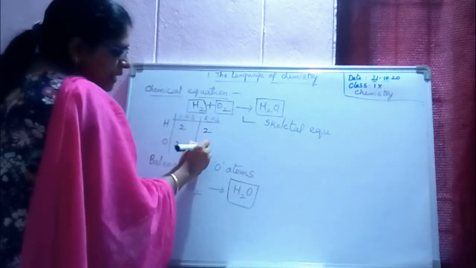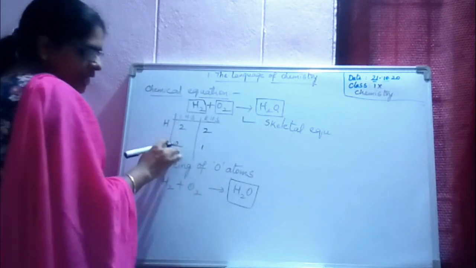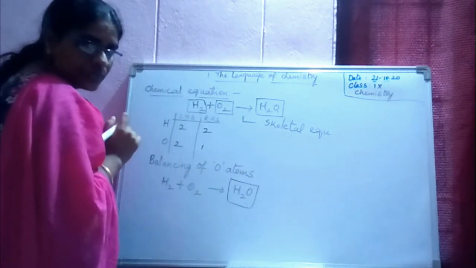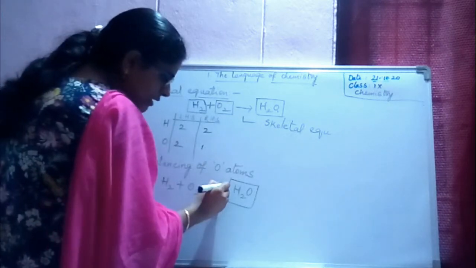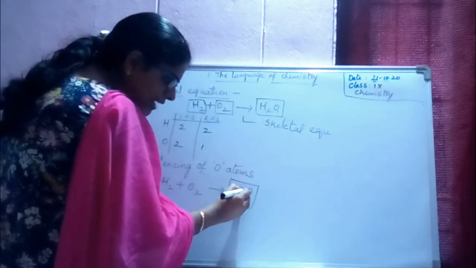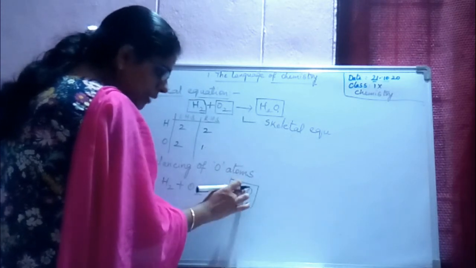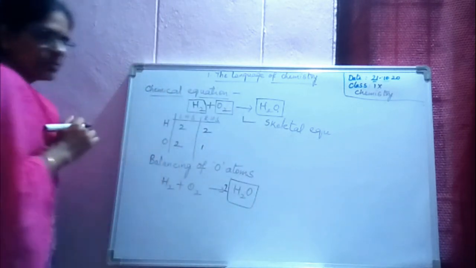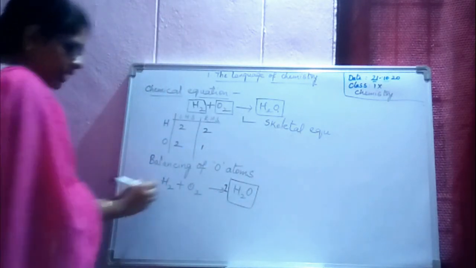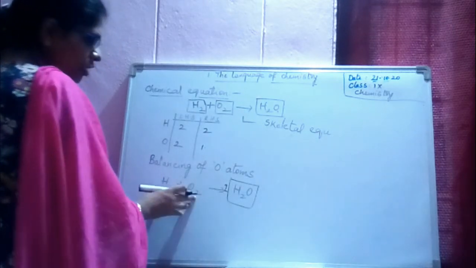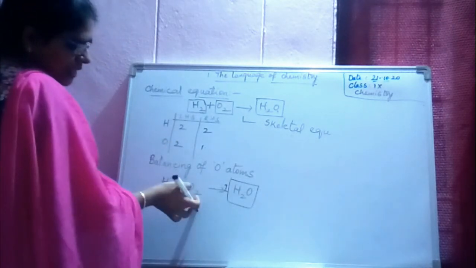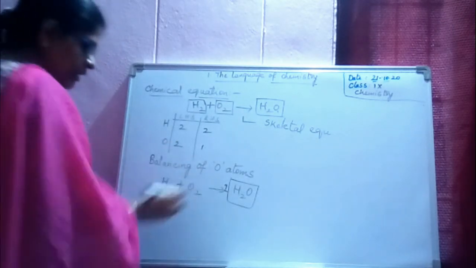With what number if I multiply, I will get 2? Obviously 2. Hence, you keep 2 before the box. Okay? Now again, this side is already balanced. 2 oxygens are there. Hence no need.